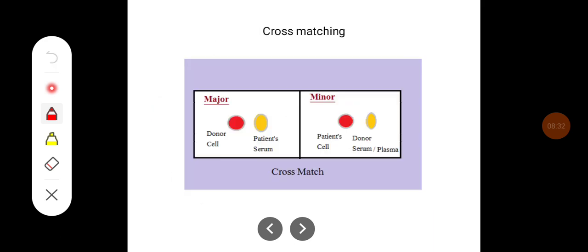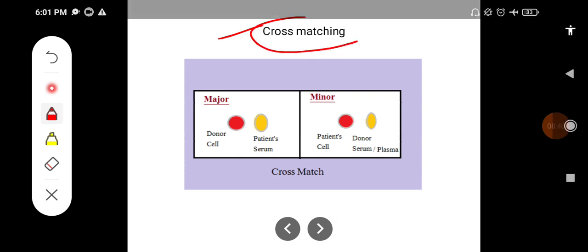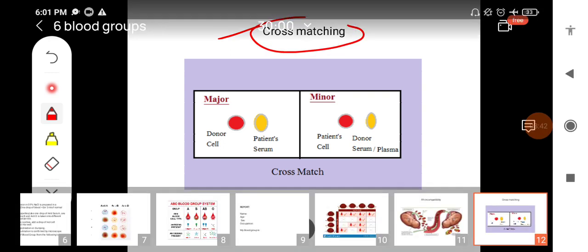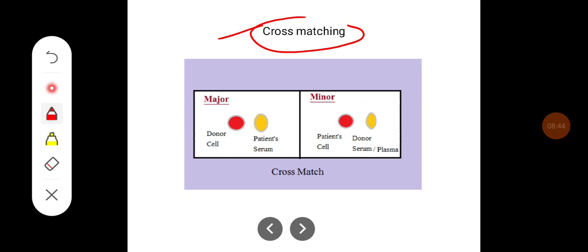During blood transfusion, even when the blood group is matched, cross matching is still done to look for any presence of minor blood group systems. For this, major cross matching and minor cross matching are done.